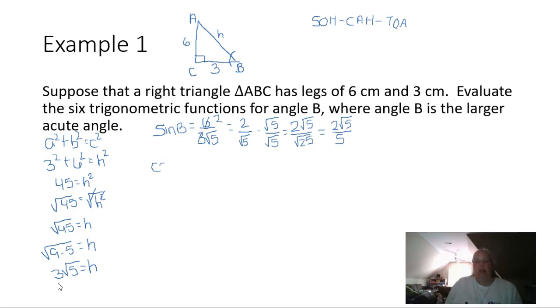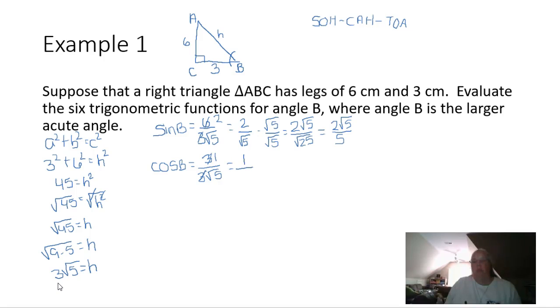The cosine for angle B, this is the side that's adjacent to angle B. That's this one right here, 3. The adjacent side actually is part of the angle. The hypotenuse would be the other side of the angle there. This is going to be 3 divided by the hypotenuse, 3 times the square root of 5. And it looks like 3 can go into 3.